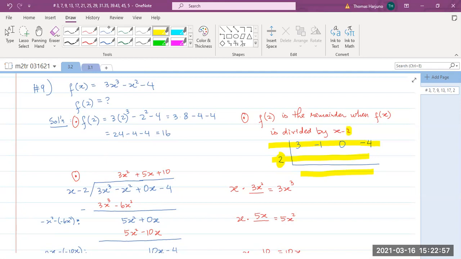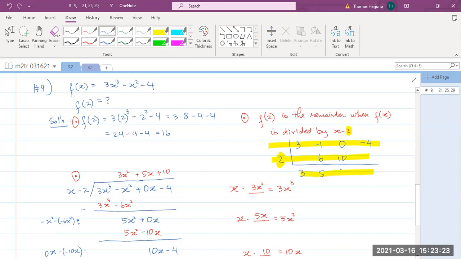Now, synthetic division is done in the following way. The first number always falls down. You copy that. Then 3 times 2 gives us 6, and then you add. You always add the column. This is 5. Then 5 times 2 is 10.